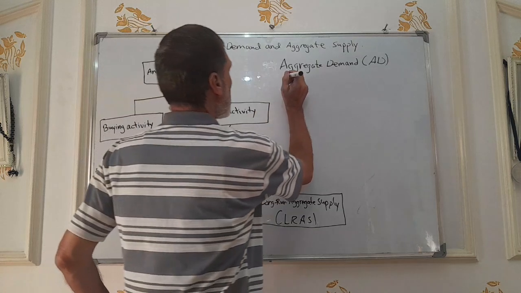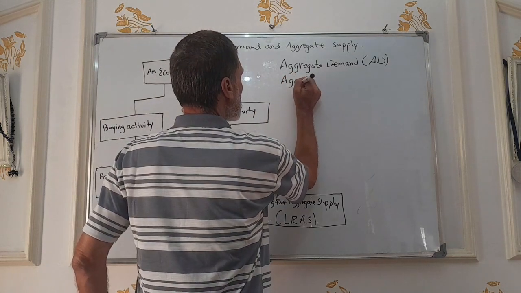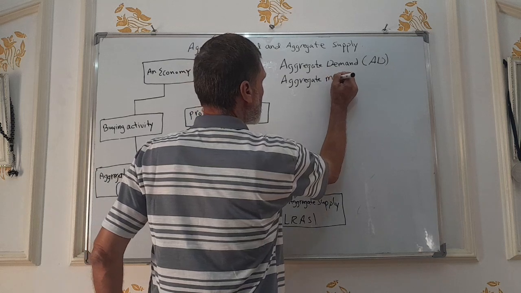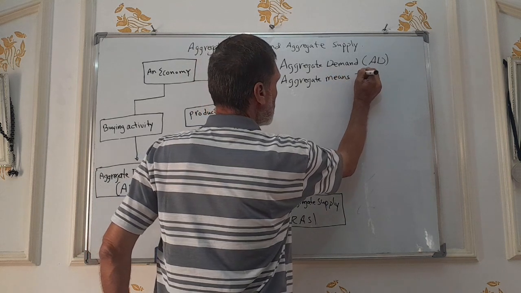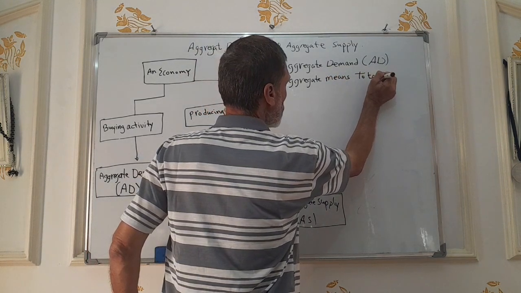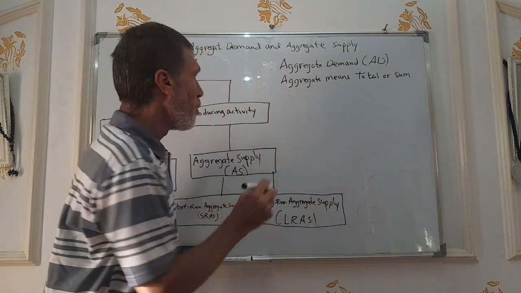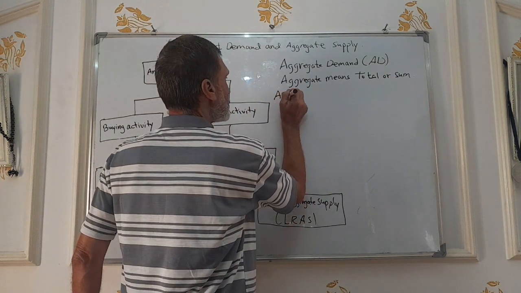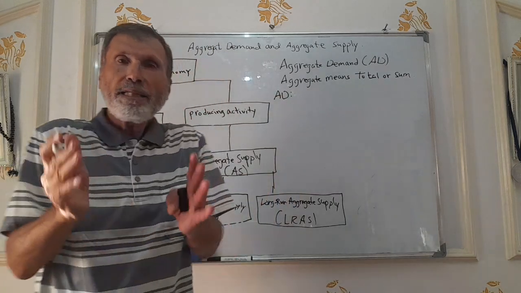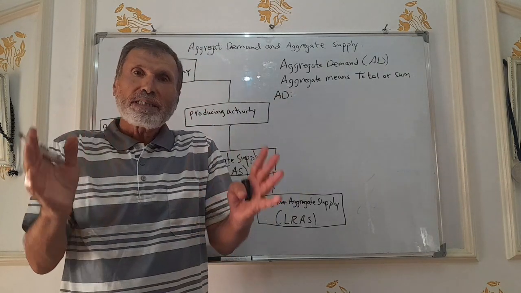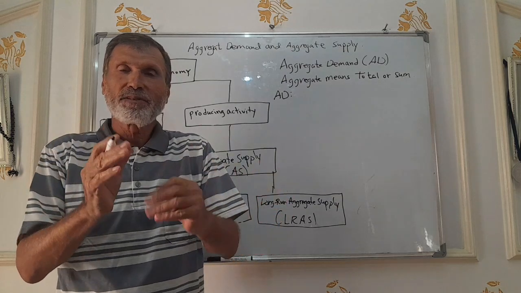So aggregate demand is the quantity demanded of domestic goods and services.